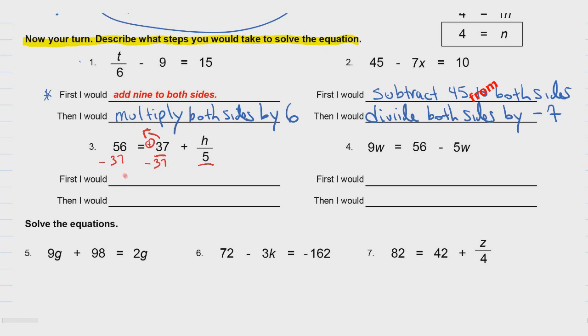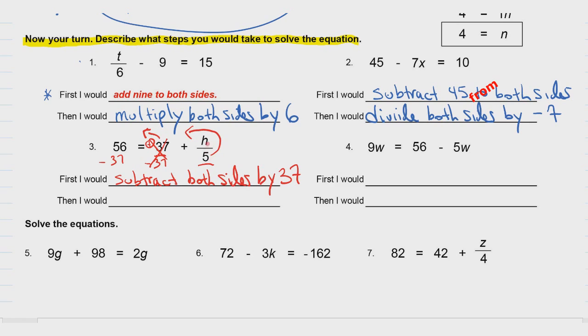So first I would subtract both sides by 37. So the 37's gone, and now you need to move the 5 to the other side. You're not going to move the h, because if you move the h, all you're doing is moving them over to the other numbers, and then they wouldn't be happy.